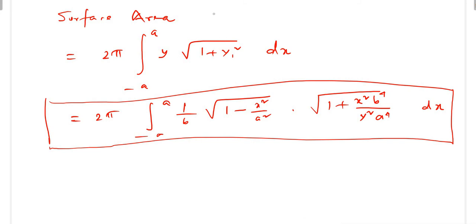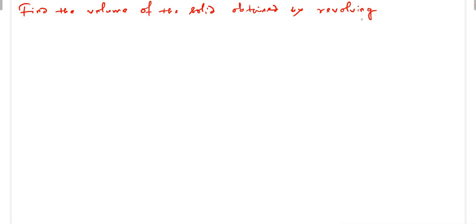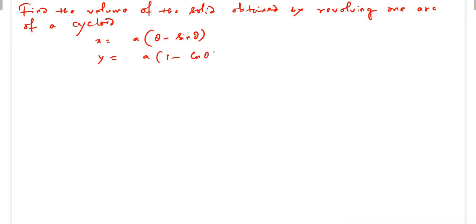So let me solve another one. Find the volume of the solid obtained by revolving one arc of a cycloid x equal to a into theta minus sine theta, y equal to a into 1 minus cos theta, about x-axis.